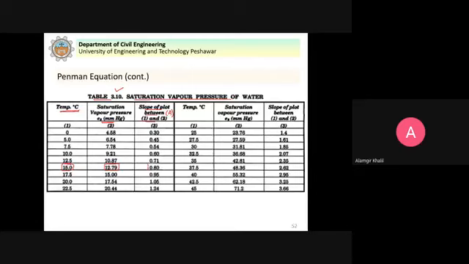The value for A is also given from here, 0.80. So these two values we can pick.